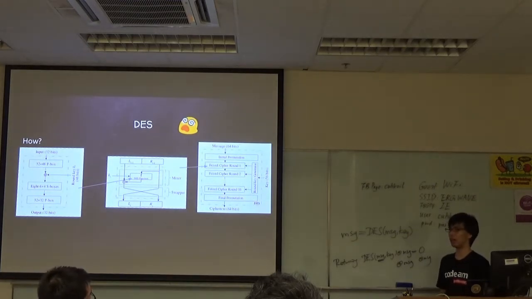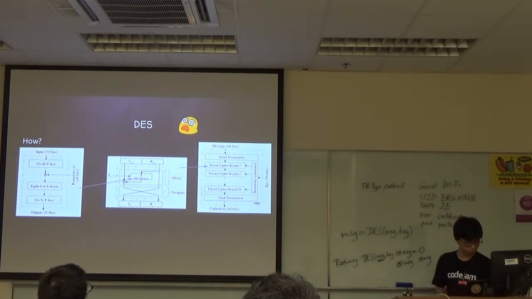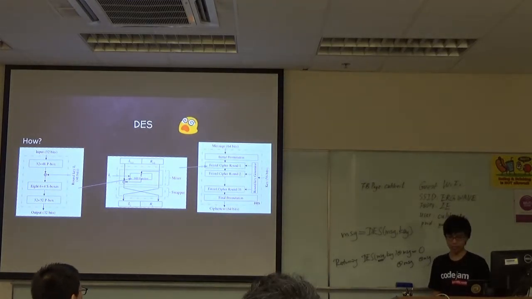Just imagine that given a random number generator, it always returns the same number. It may be strange, like if you input something, it always returns 0 as the random number. Yeah, something like that. And for DES, it really happens.